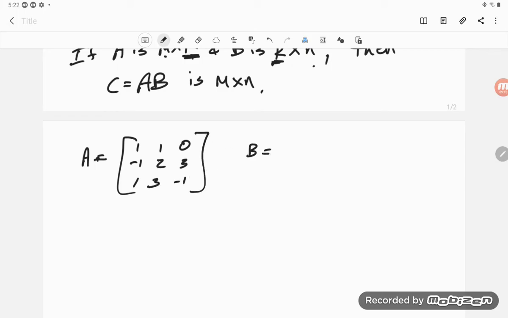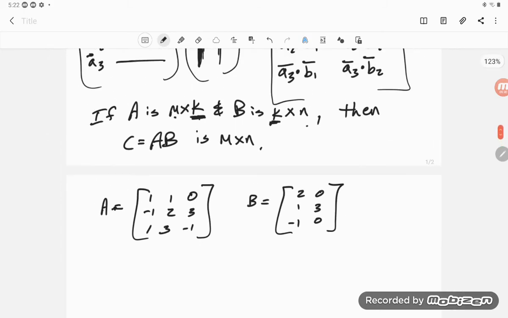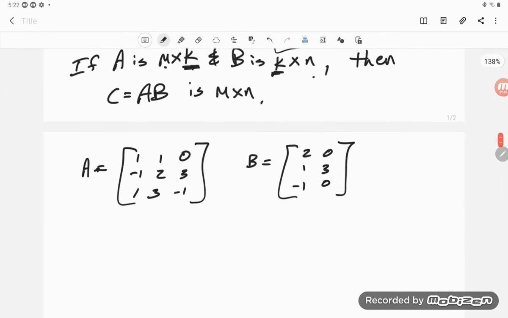And B, now I better have 3 rows in B because I have 3 columns in A. So B could be something like 2, 1, negative 1, and 0, 3, 0. Something along those lines.